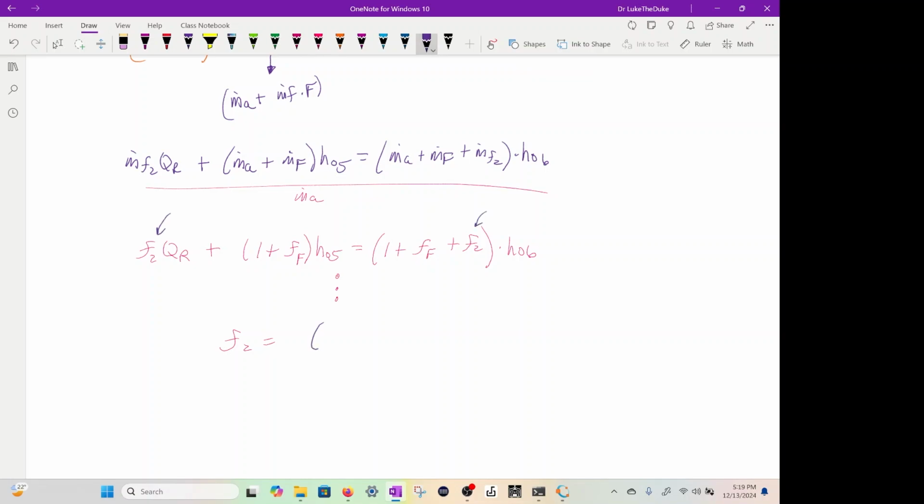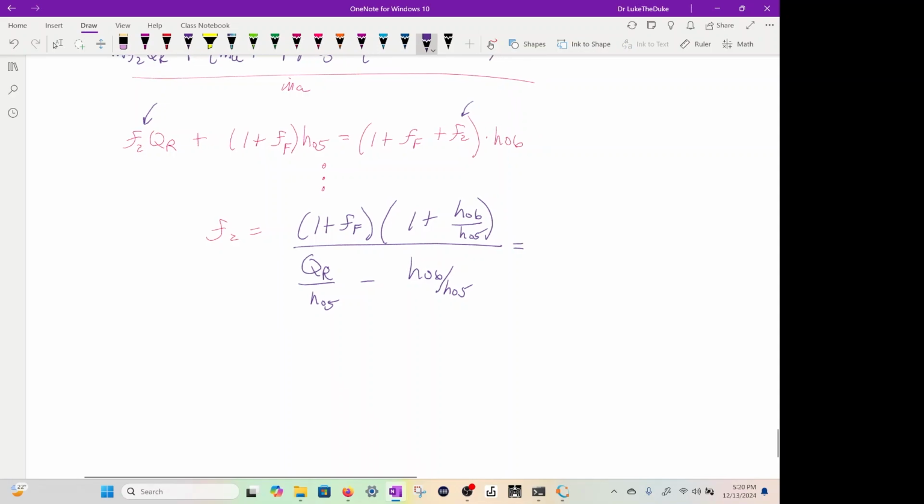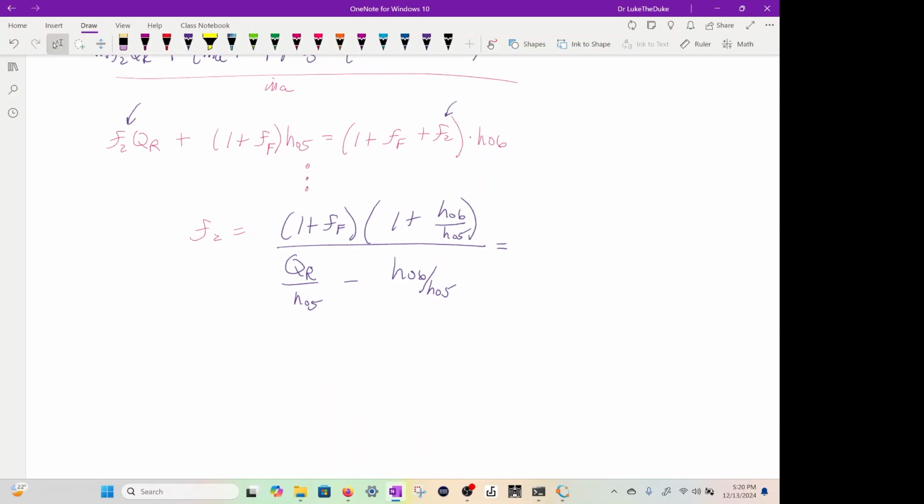What you end up getting is 1 plus F, the fraction, times 1 plus h_06 over h_05, divided by Q_R over h_05 minus h_06 over h_05. Or you can convert those to temperatures and C_P values.